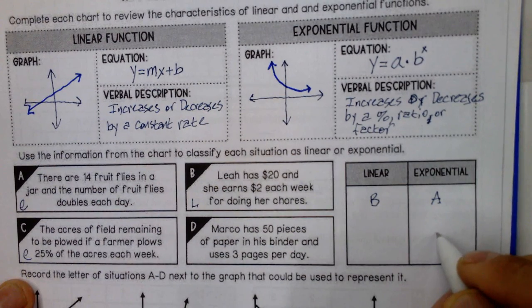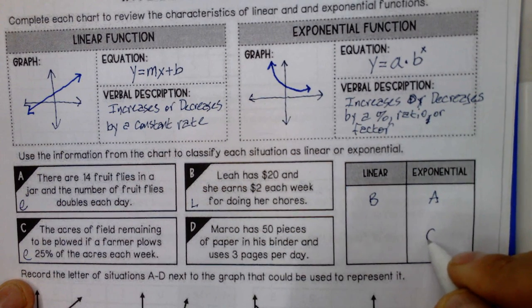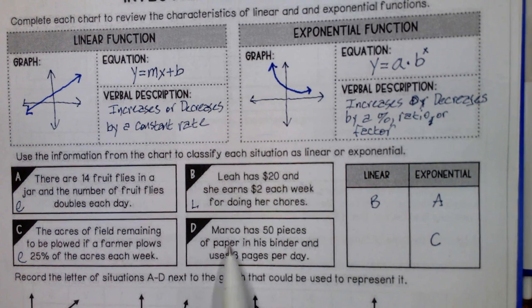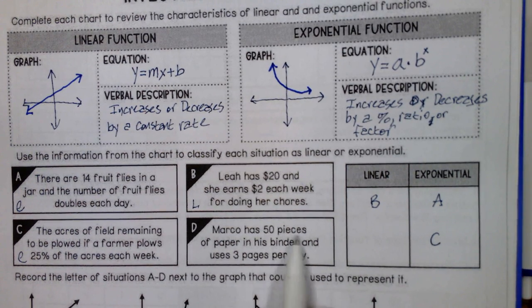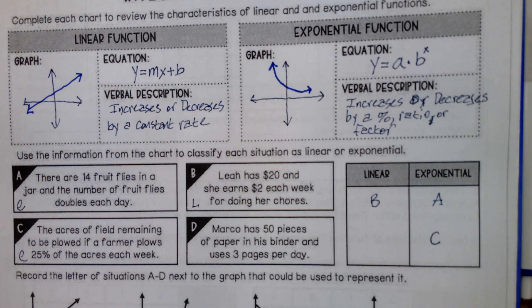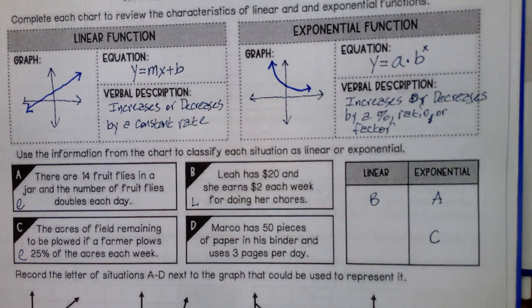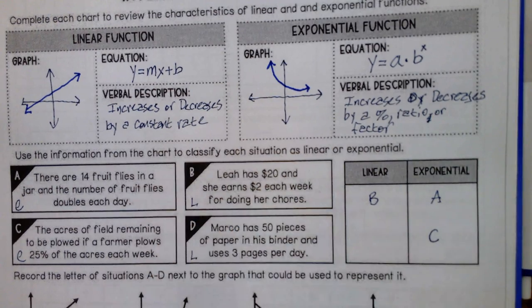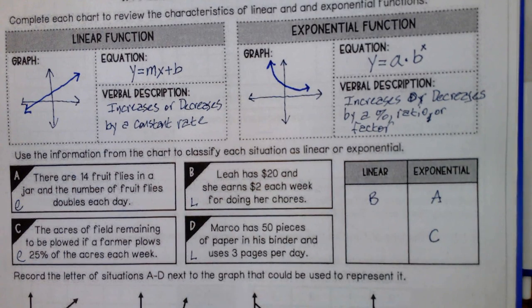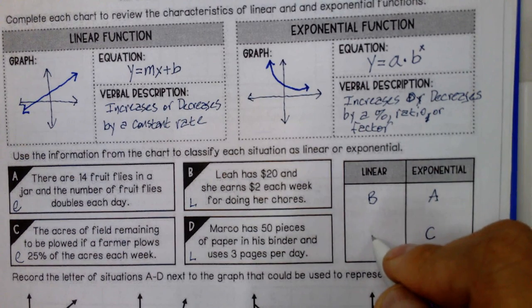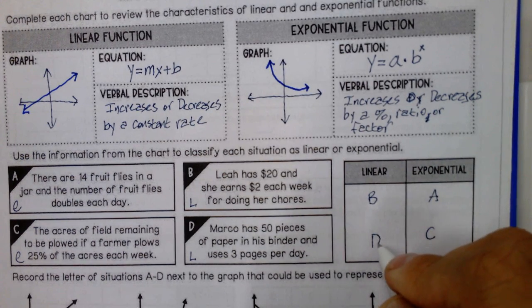So we'll put it here. Let's look at the last one. Marcos has 50 pieces of paper in his binder and uses 3 pages per day. Yeah, that's another linear one. You got an initial amount, that's a y-intercept, and then it's decreasing by a constant rate. So that would be D.